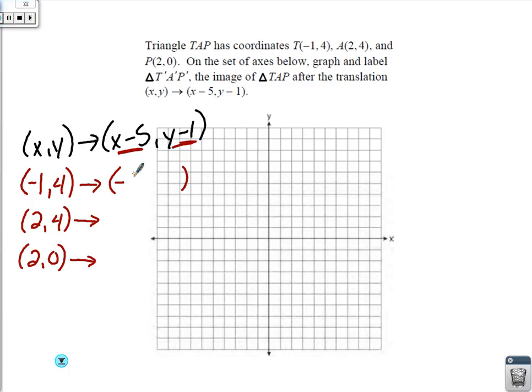Negative 6 and 3. Take your x, take away 5. Take your y, take away 1. Okay. Carly, what's yours? Negative 3, 3. Take 5 away, take 1 away. And Alex, and you can graph that. I'm not going to, but you got a triangle, and that triangle is simply moving left 5 and down 1. Okay, so we'll graph that.